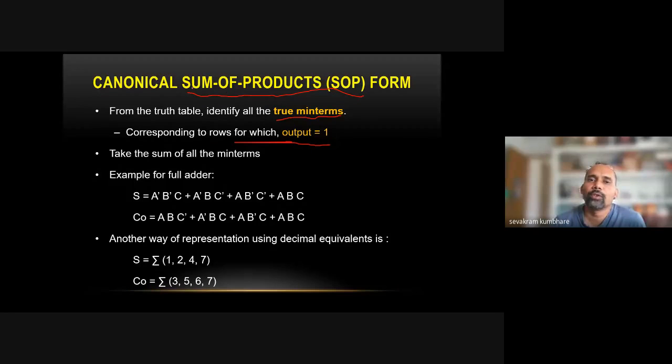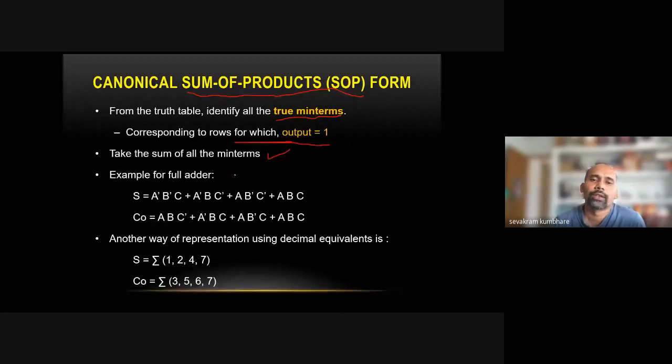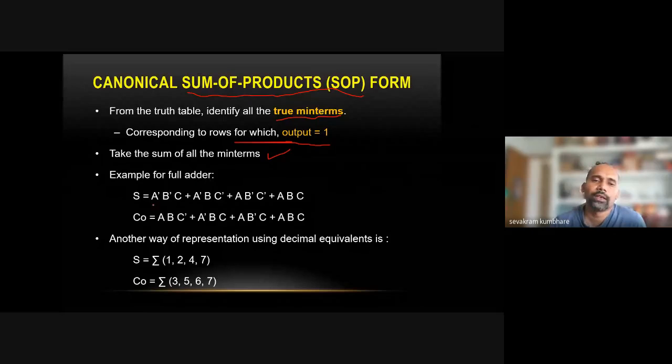So whenever you want to write a function for sum of product, you have to go for true minterms, for output equal to 1. Then you have to take the sum of all the minterms. For example, for full adder, you can say sum is a bar b bar c plus a bar b c bar plus a b bar c bar plus a b c.